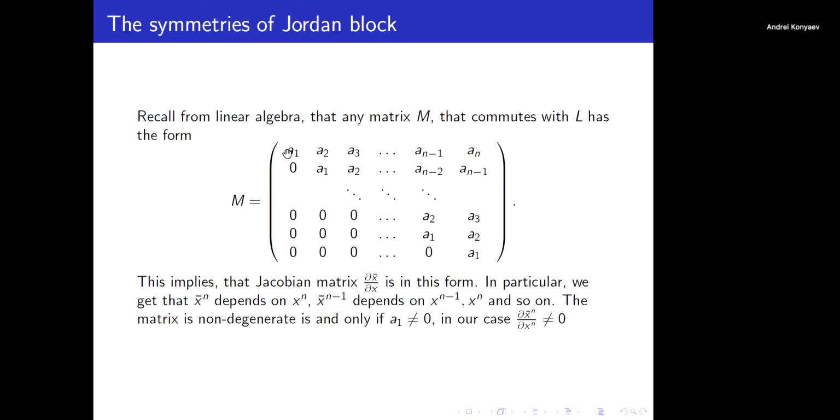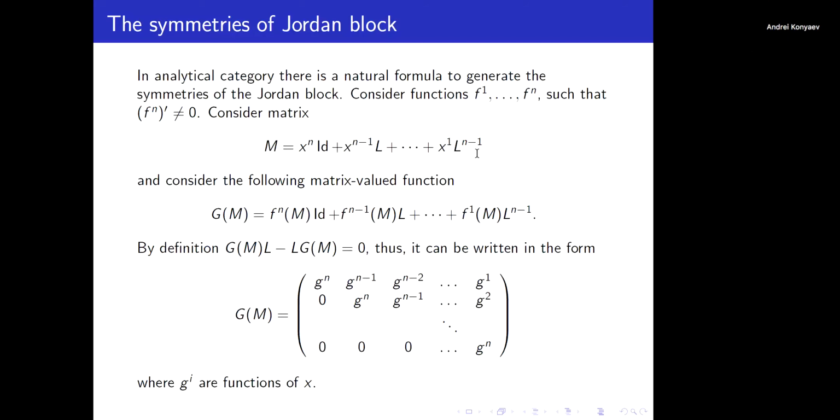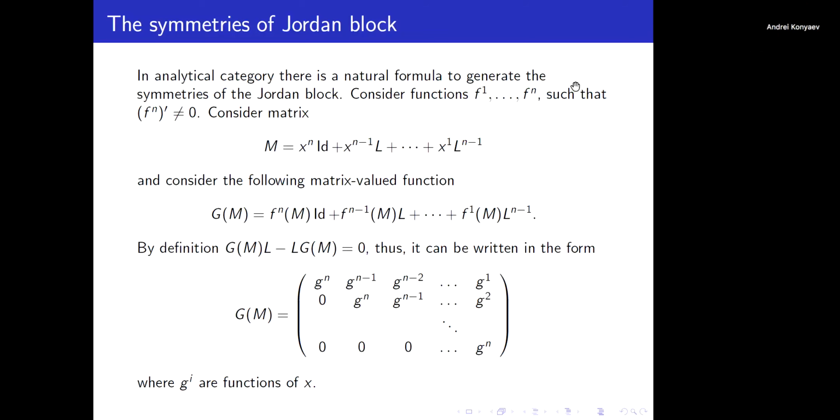And we get M. Here it's x_{n-1}, and here instead of a_n it is x_1. So we get this function, and then we take n arbitrary functions with only one condition, that for the last function its derivative at 0 is not 0. And okay, we work in an analytic category. It's important. So we write the following formula.